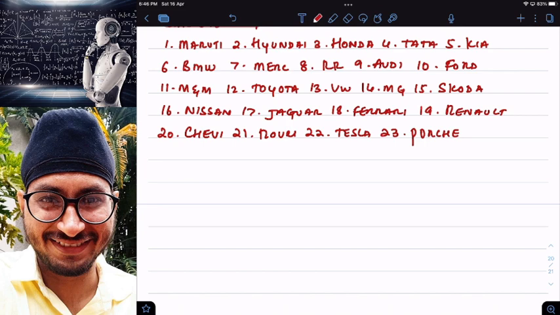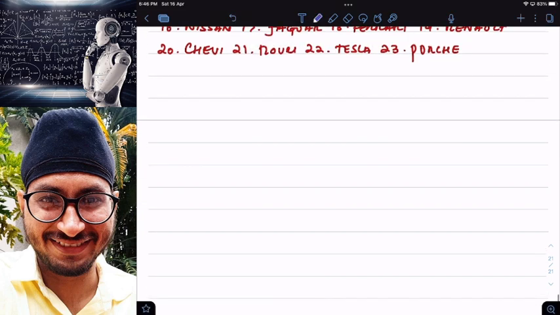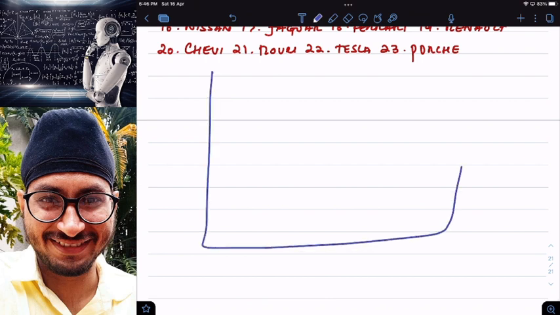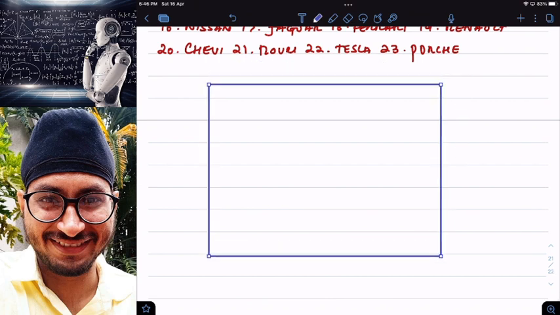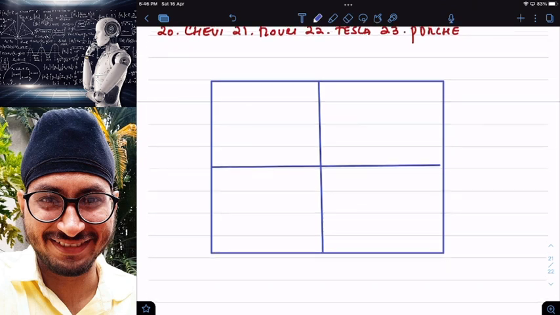Now we will prepare a strategic group map. In order to prepare a strategic group map, we will draw one box with four boxes. Clear? In the four boxes we will see there are two criteria. Any criteria, I am taking model variety.